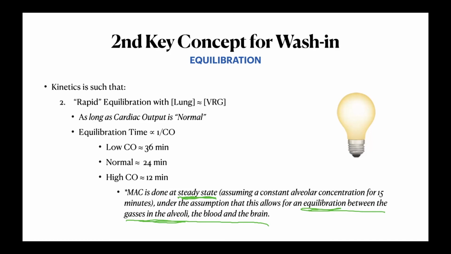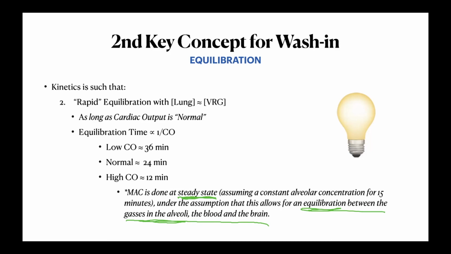This is such an important idea because often, at the start of an anesthetic, when you see an end tidal of 2, that doesn't mean that that represents what is happening in the brain. Because remember what I said before, equilibration hasn't occurred yet. Okay, equilibration takes around sort of 20 to 30 minutes in someone with a normal cardiac output, and obviously with someone with variations in terms of their cardiac output, that is going to change.